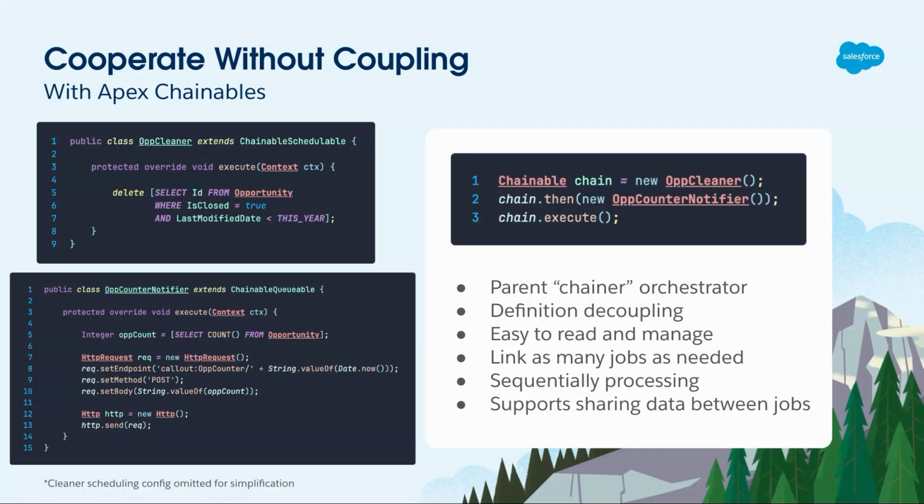For example, at the end of the schedule, it is going to trigger the enqueue job for the second one, but that is a task for the framework to do. It's abstracted from us. And even though it's not shown in the example, there's also the ability to share information between jobs while keeping them decoupled from one another.